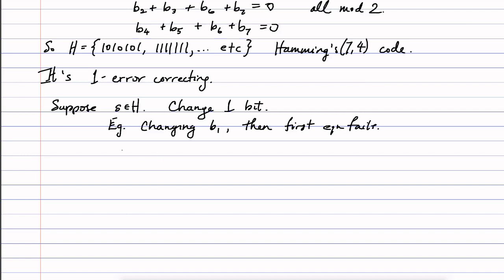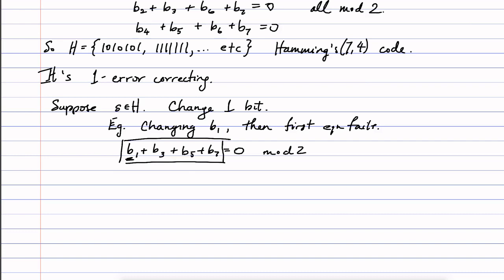And here's why. The first equation was B1 plus B3 plus B5 plus B7 equals 0, and this is mod 2. This quantity was even before we made the bit change. Now we change this right here, and if we change it from a 0 to a 1 or a 1 to a 0, that changes the overall parity of the expression on the left-hand side.